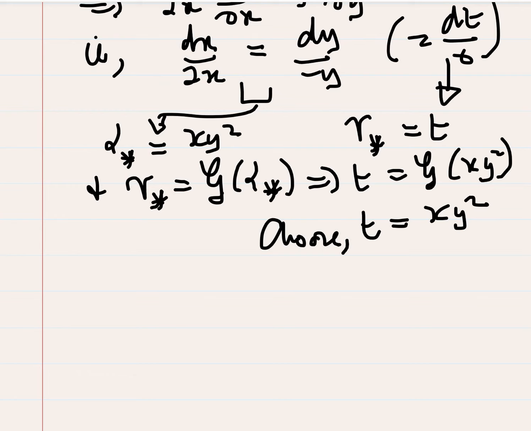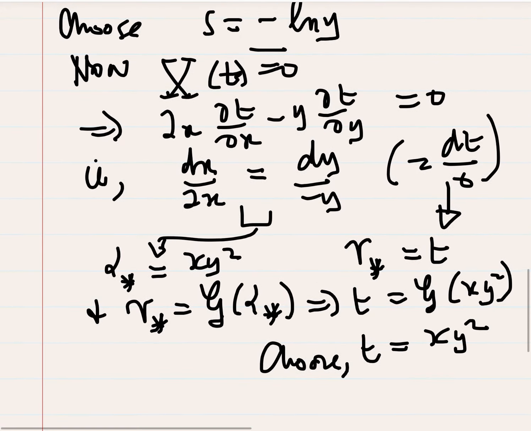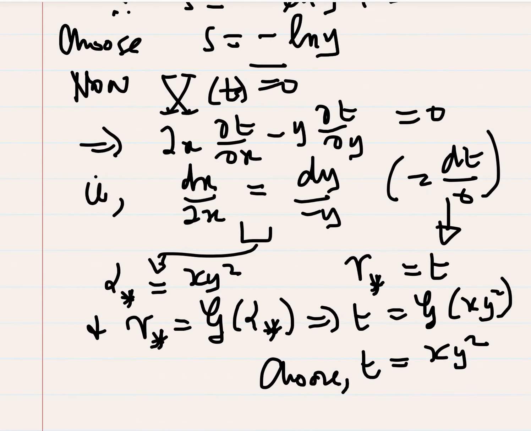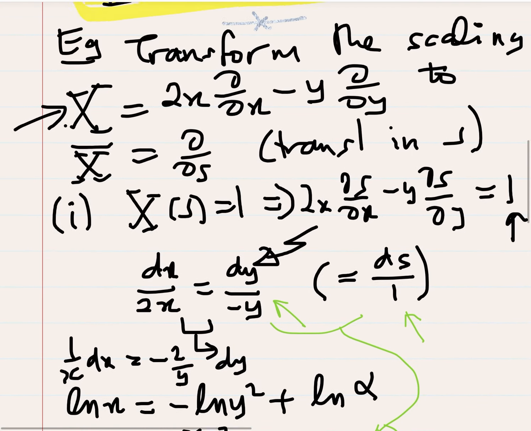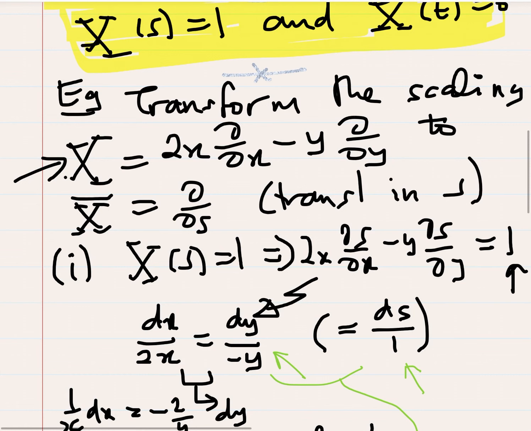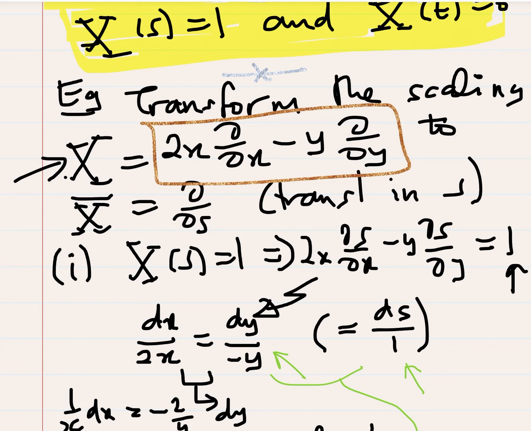So with these choices of s and t, that means s equal to minus ln y and t equal to x y squared, we will be able to transform this scaling vector field, one parameter Lie group of transformation tangents in x and y, to translation in the st coordinates, i.e. translation in s.